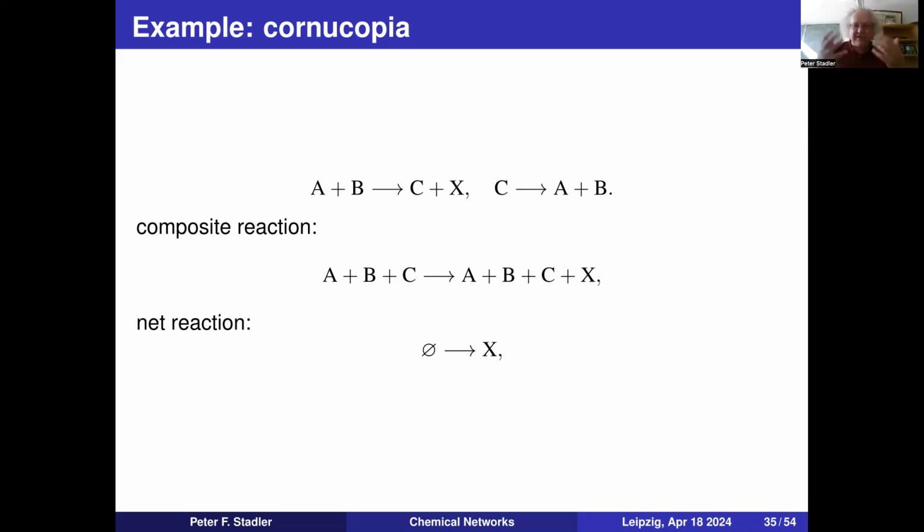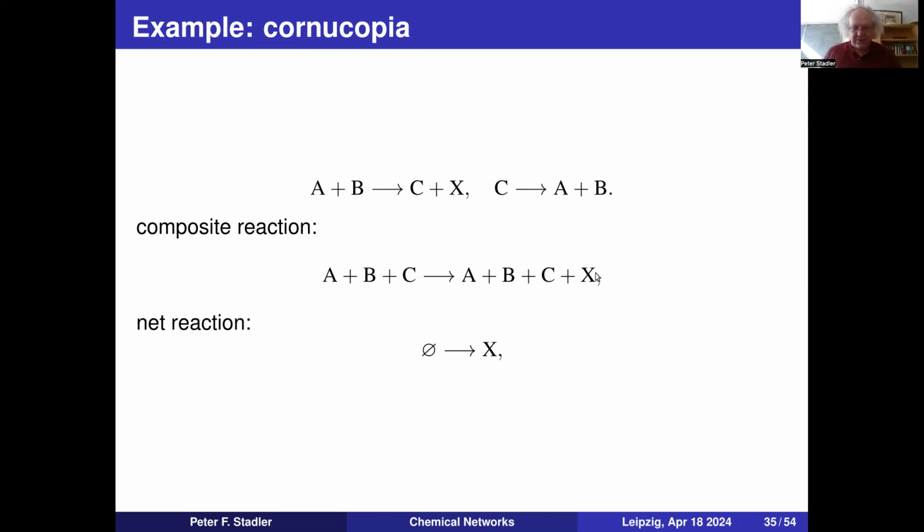So if we think of this network at this completely abstract level, what you can see is that you can have combinations of reactions that all look completely reasonable if you just write them down formally, but they compose two reactions where you violate conservation of mass or conservation of particles, because there is a positive linear combination in your system that allows a net reaction A plus B plus C gives A plus B plus C plus something else.